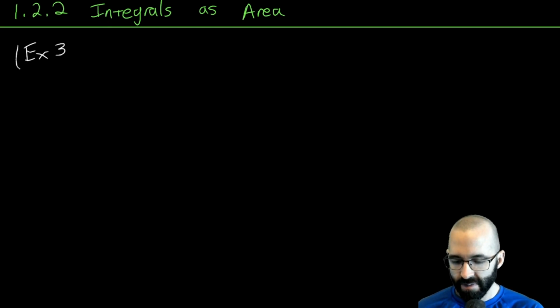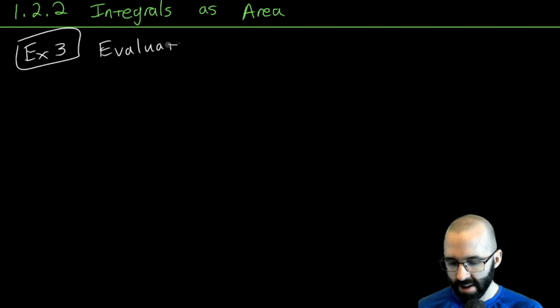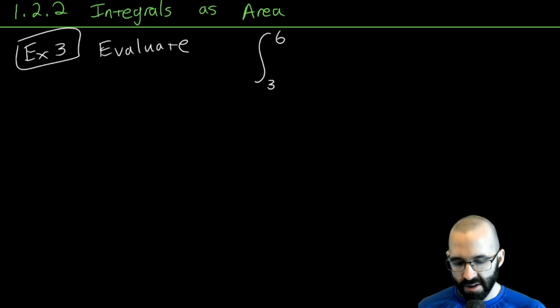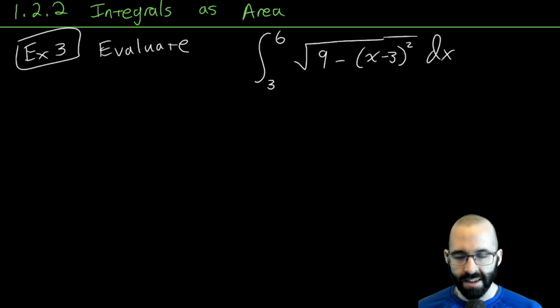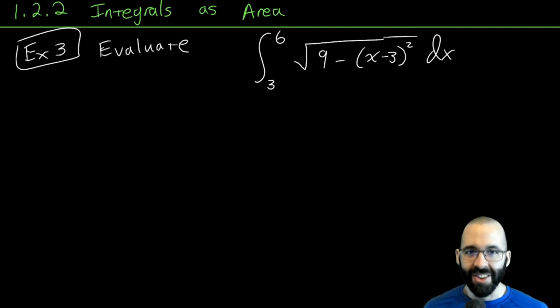Example 3. Evaluate the integral from 3 to 6 of the square root of 9 minus (x minus 3) squared dx. Now, you might be panicking.